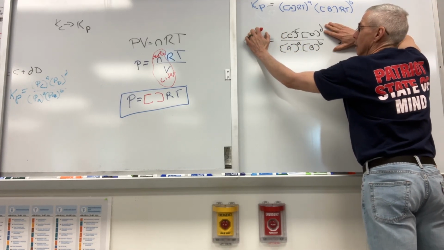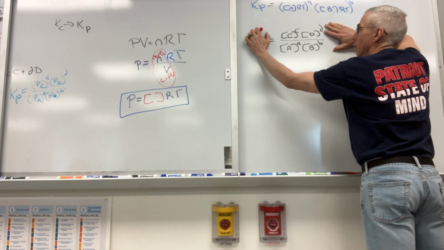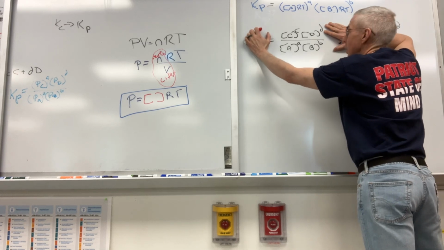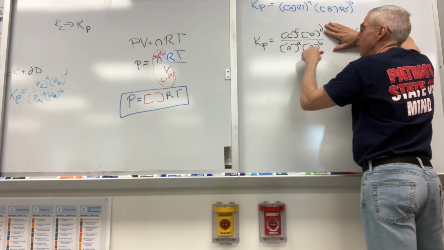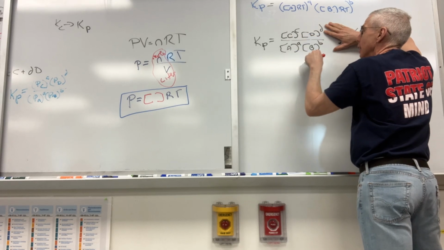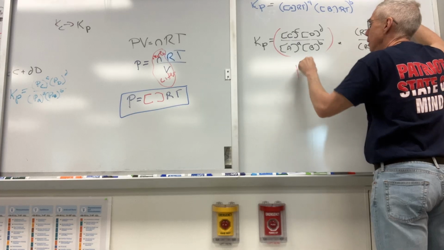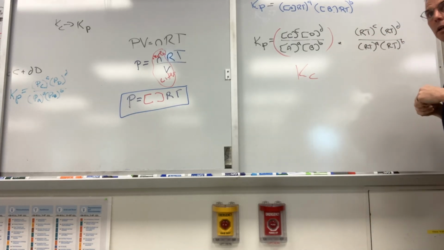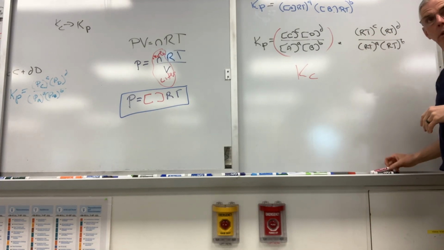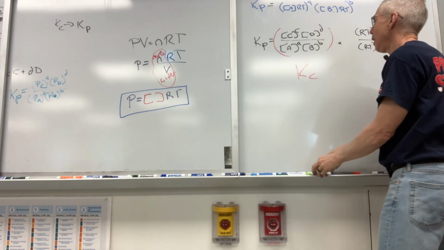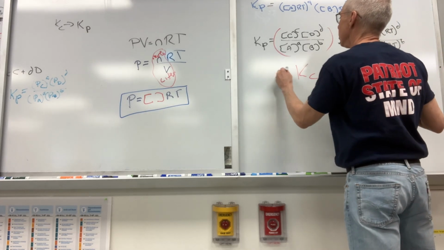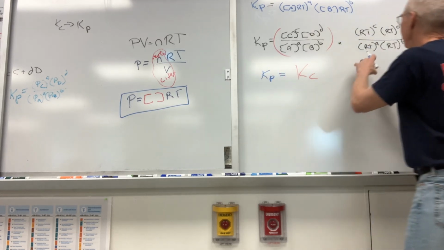That's Kc, isn't it? Because that's concentrations over concentrations, concentration products over concentration reactants. So this thing right here is Kc. So now we've got Kp equals Kc, and then we've got this thing here.